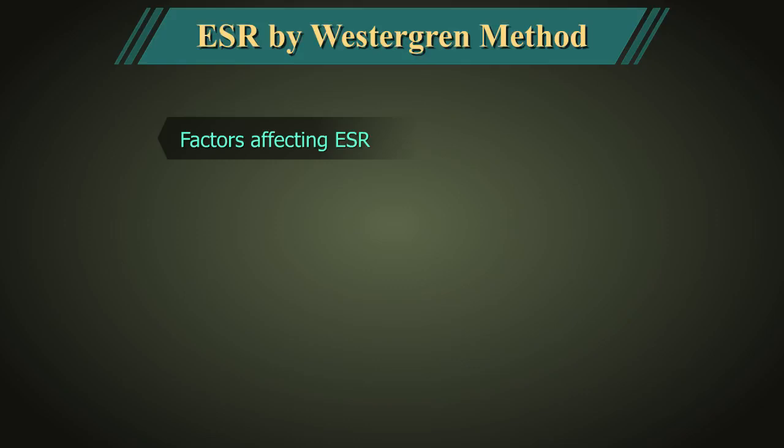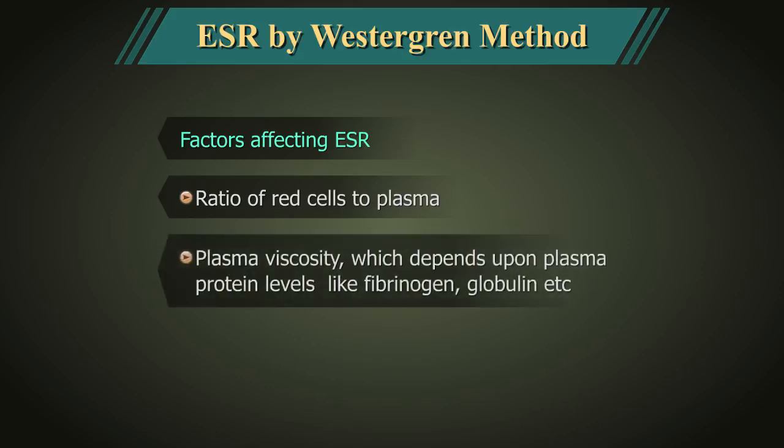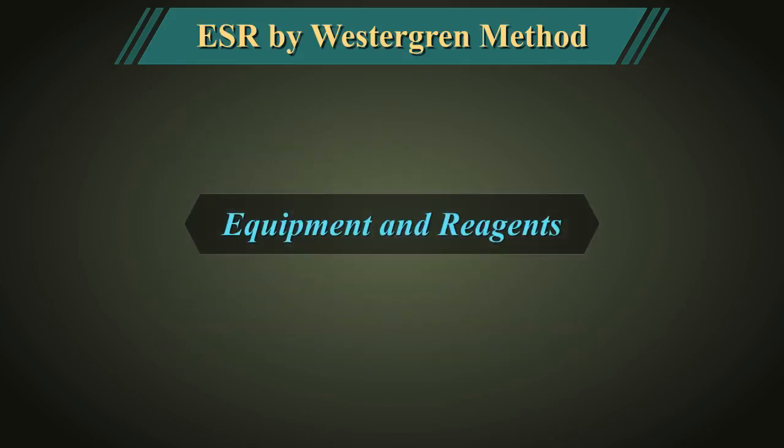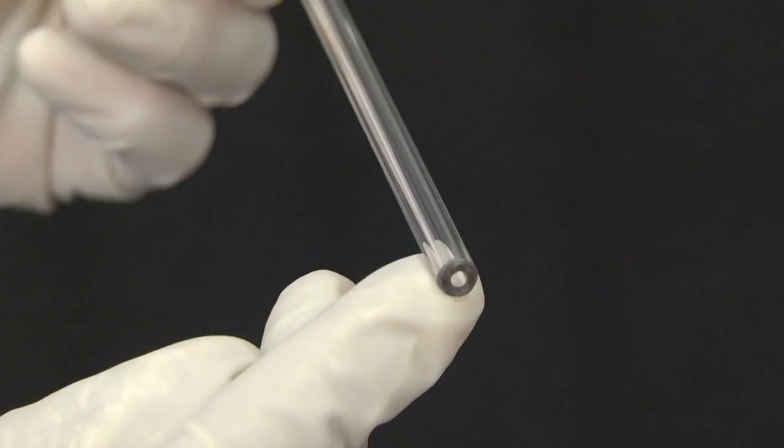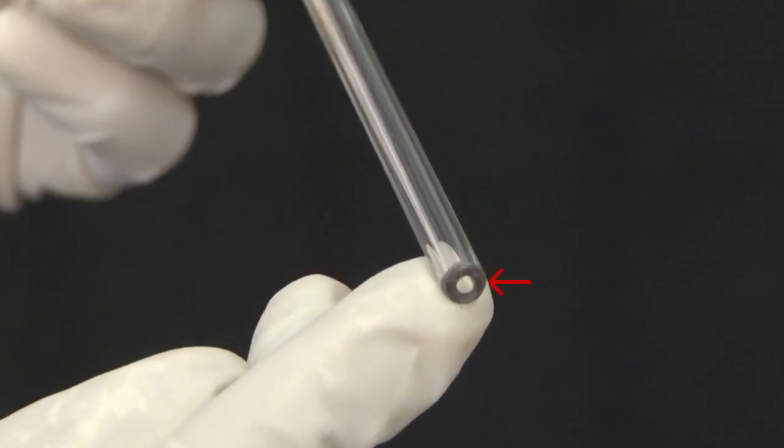Other factors which affect sedimentation include the ratio of red cells to plasma, the plasma viscosity, the bore of the tube, equipment and reagents. Westergren rack, Westergren tubes with internal diameter of 2.5 millimeters.